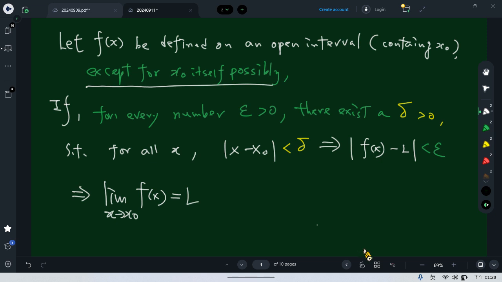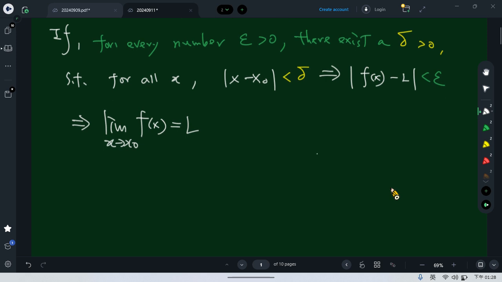So you can see, based on the definition, it is very, very different from the previous one. In the previous one, we just said, oh, for x very absolutely close to x0, then the value of f(x) will be very, very close to L. Did you remember that?